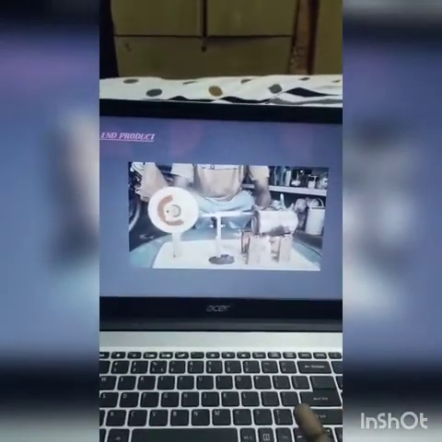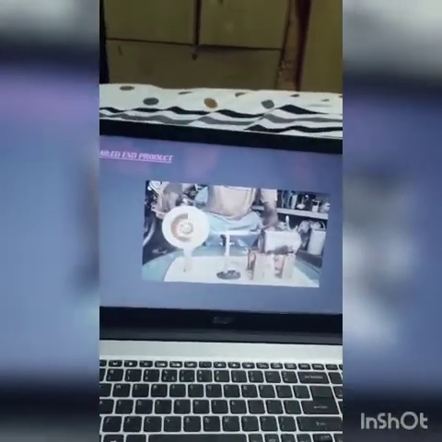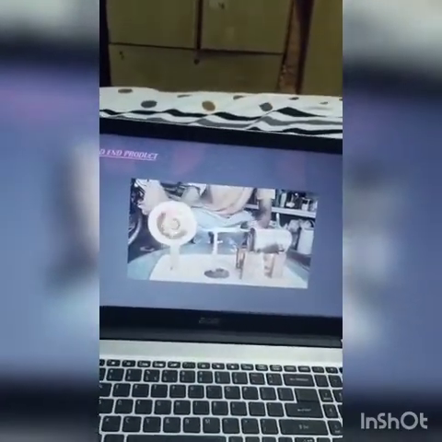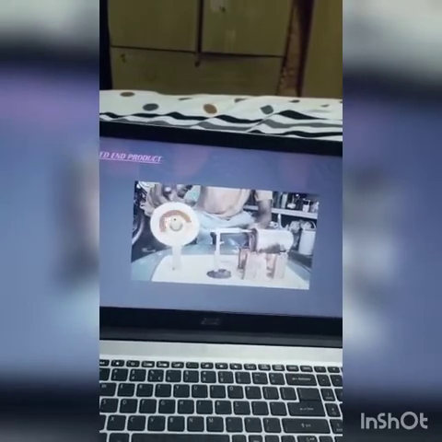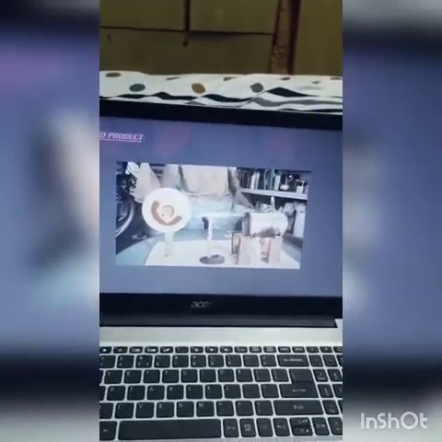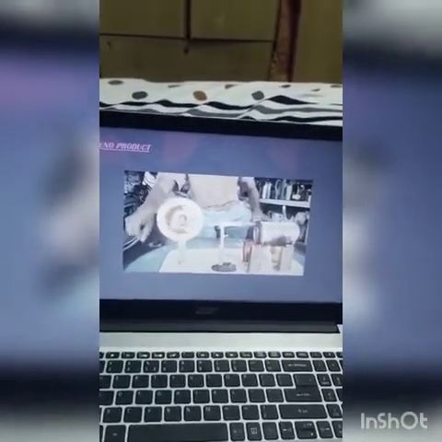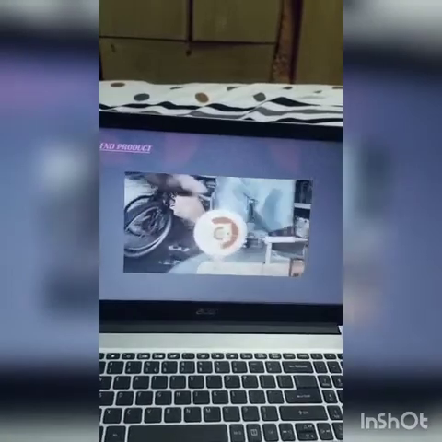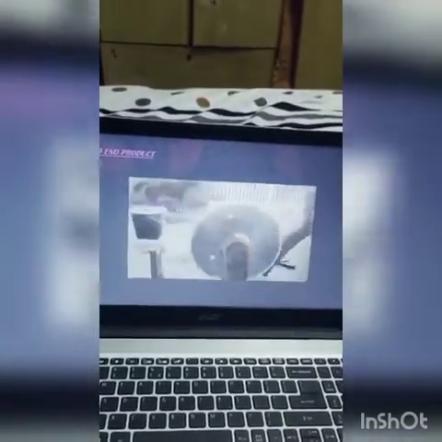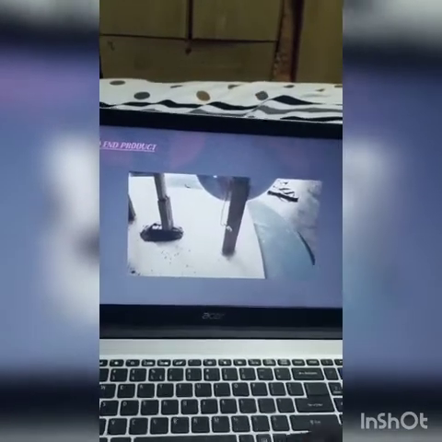If the string was successfully pushed and pulled, the disc would work. The disc would then generate electricity to the DC motor, which is at the back section of the disc, and it would finally light up the bulb after the electricity was produced. So this is the basic concept of this mini project. You can see the LED bulb right now.